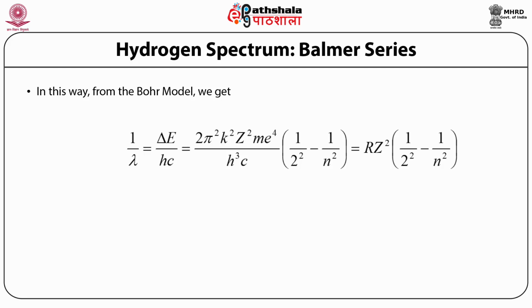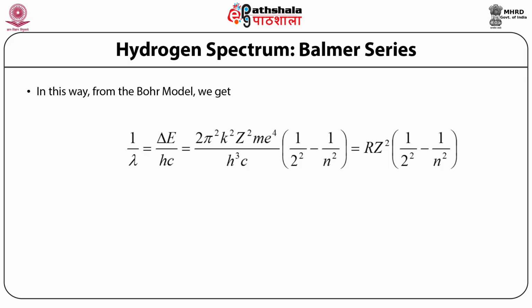And the question is, how do you obtain this formula from Bohr's model? So what you do is you calculate the energies of the level n equal to 2 and any other level n. So you calculate the energy gap by subtracting the energy of one level from the other level. That's the energy gap, delta E, and you equate that to h nu or hc by lambda.